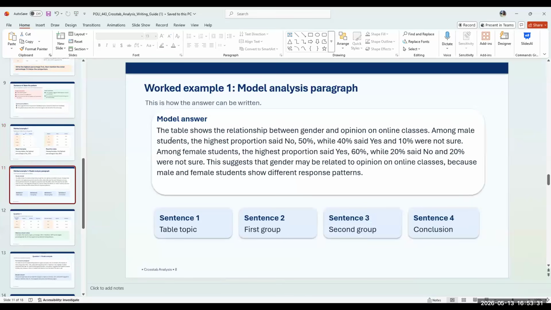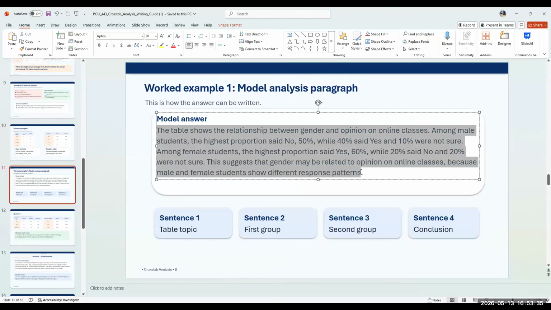So we can use the same example I've given you here to do that. So let's see how we interpret it, or how we are going to write it. So look at this. The table shows the relationship between gender and opinions on online classes. Among male students, the highest proportion said no, which is 50%, whilst 40% said yes, and 10% were not sure.